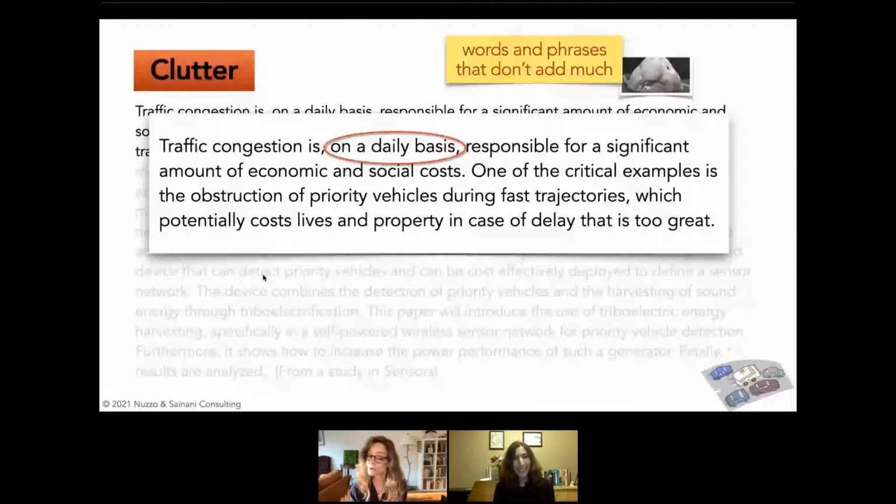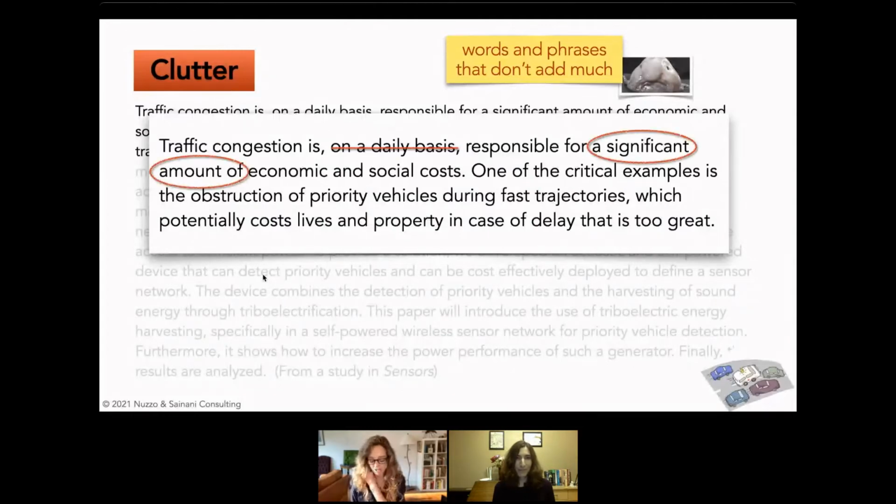It would be nice if it were only on Saturdays, but it is not. It is every day. So I would go through and say, do I lose anything if I cut this out? Traffic congestion is responsible for. I don't lose anything. Let's get rid of it. If it's not adding something, it's just taking up word count. And since you sometimes have a really strict word count for abstracts, let's save it for the important information.